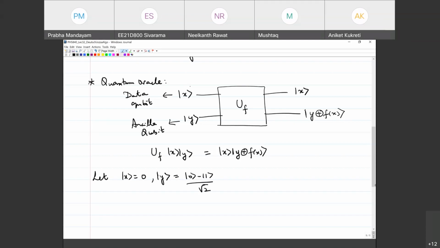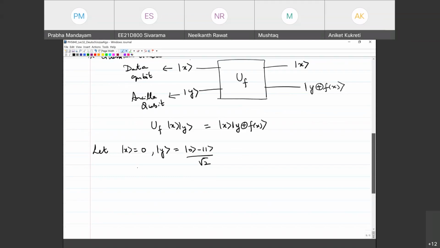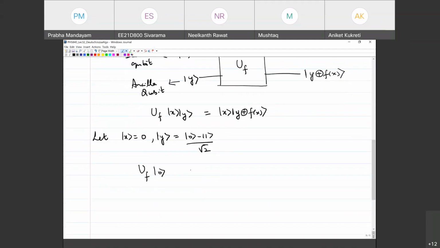So then what happens? U_f acting on |0>(|0> - |1>)/root 2 gives me |0>(|0 XOR f(0)> - |1 XOR f(0)>)/root 2, right?